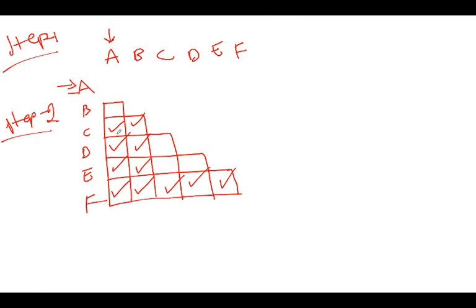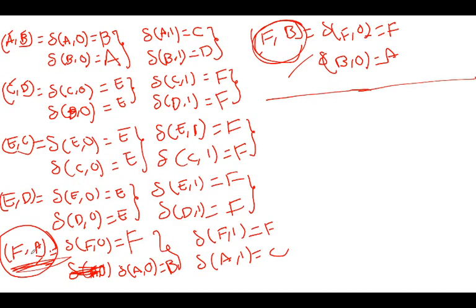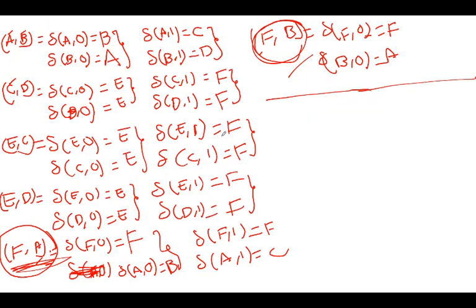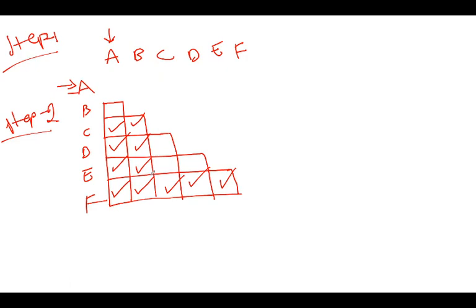Now we have to observe the unmarked pairs. This is a new, modified diagram. In the previous diagram we didn't have this FA and FB. We marked them using this procedure, by this condition. It is a newly existing diagram, so now we have to find the unmarked pairs of the new diagram.